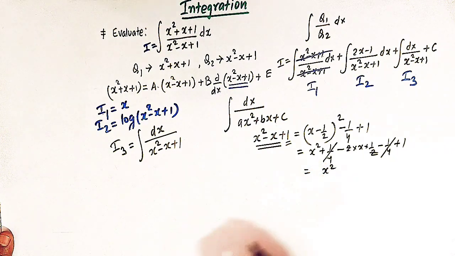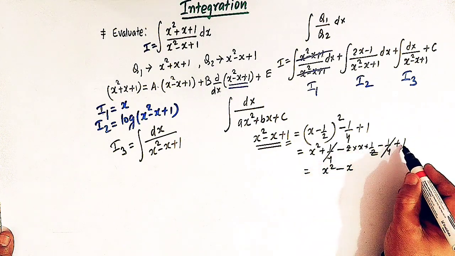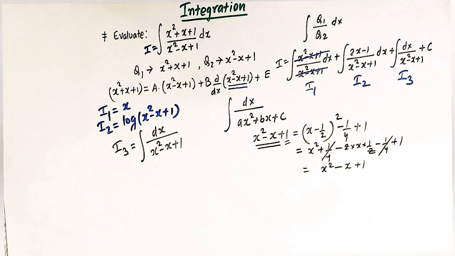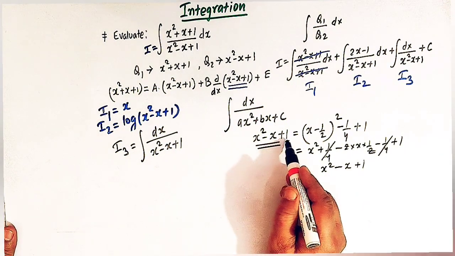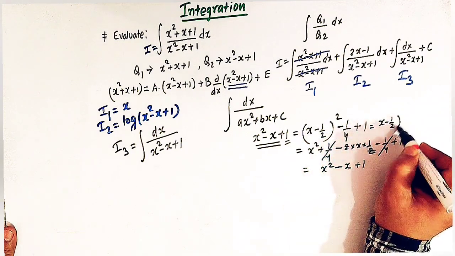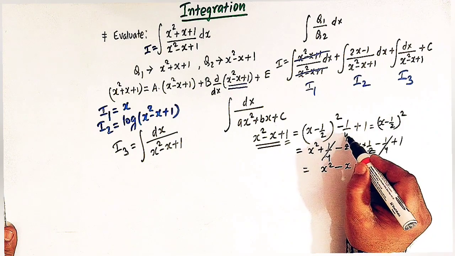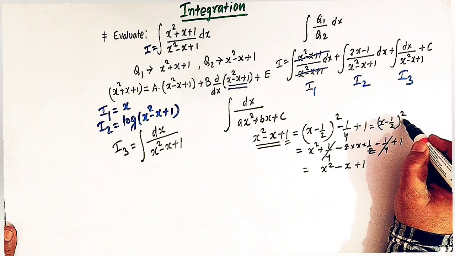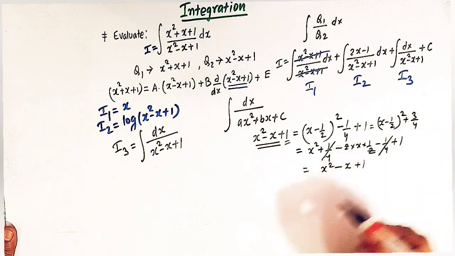So we are left with x square minus x plus 1, right? So x square minus x plus 1 can be written as x minus half square, and here we have minus 1 by 4 plus 1, that is equal to 3 by 4, right?